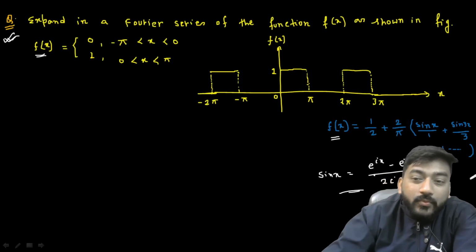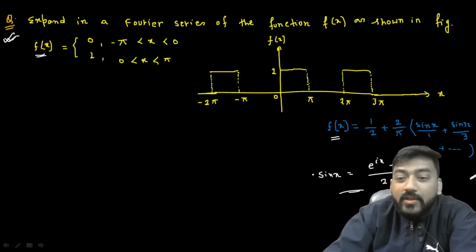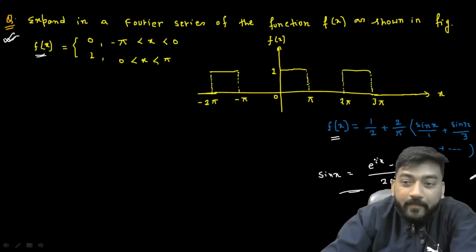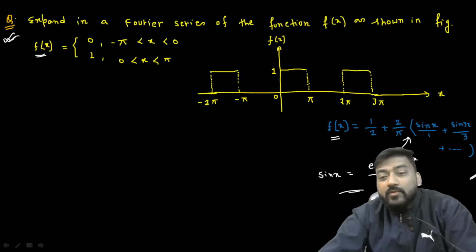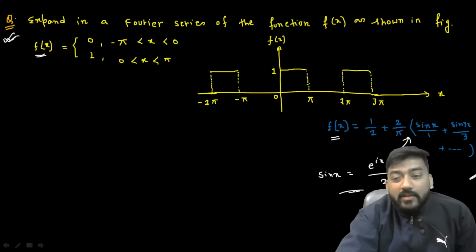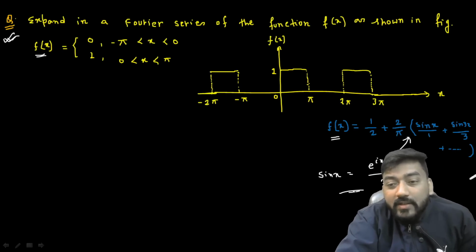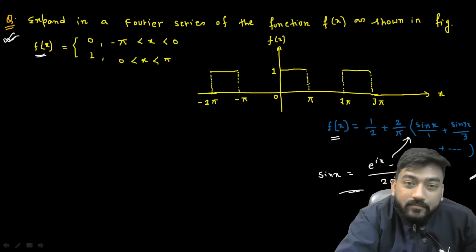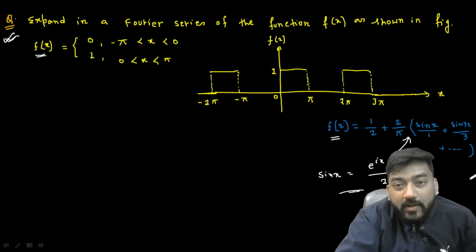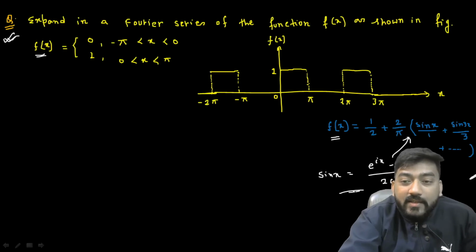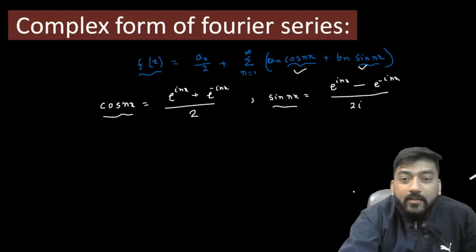So we will find the Fourier series first in exponential form, and then we will move back to the sine and cosine form. Let me tell you how you can find directly the complex form of Fourier series, in terms of e to the power ix or something like that. In that case, let us assume the Fourier series instead of this.